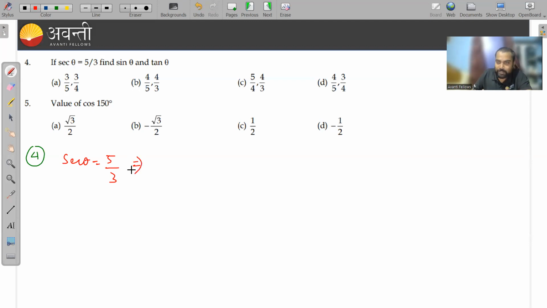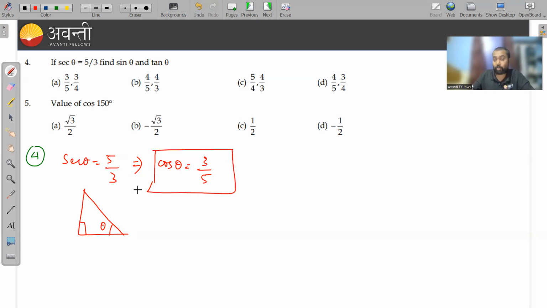If secant of theta is 5/3, then what is cos of theta? Cos of theta will be 3/5, because cos is the reciprocal of sec and sec is the reciprocal of cos. So if I draw a right angle triangle, and this angle is theta, and you are given cos theta is equal to 3/5.